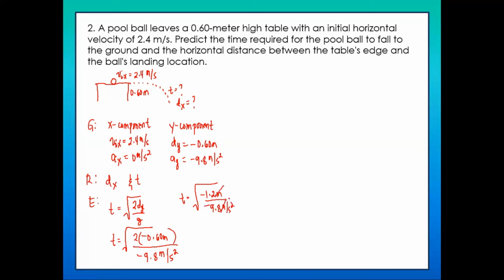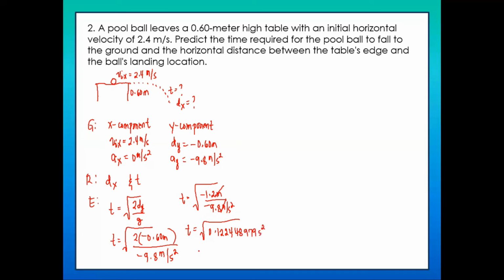So, cancel similar units, second squared yung natira. So, t is equal to square root of, so the answer there is, when we divide these values, 0.122448979 seconds squared.